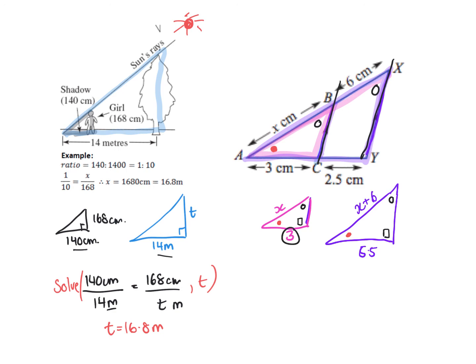I'm going to say corresponding sides. So 3 over 5.5 needs to equal x over x plus 6. And it doesn't matter that we have more than one x. We can solve that, and we get x to be 7.2 centimeters.